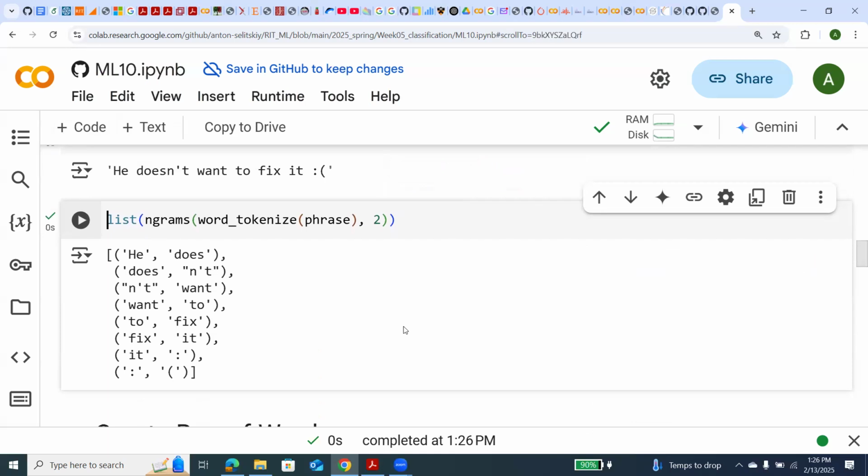If we work with 2-grams, or bigrams, it will create these tokens, but they will be word pairs. He doesn't, doesn't want, and so on.